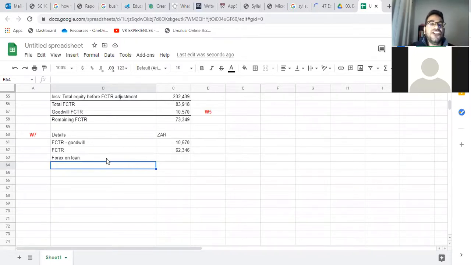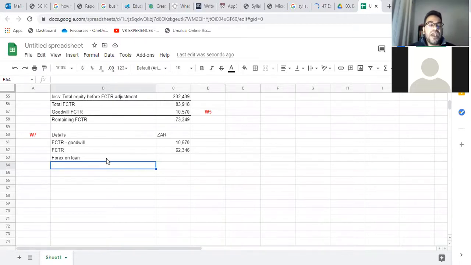The loan is actually an additional investment.